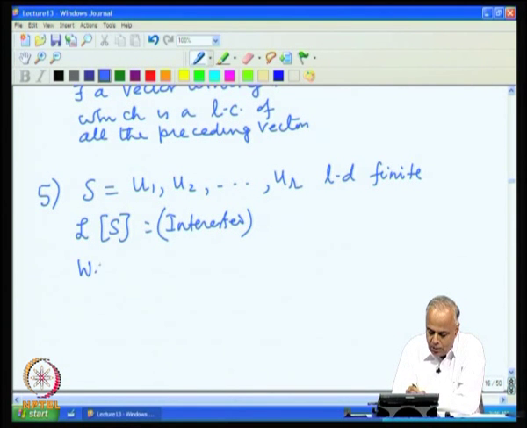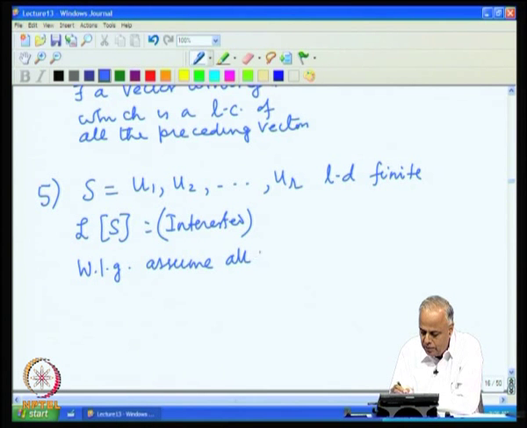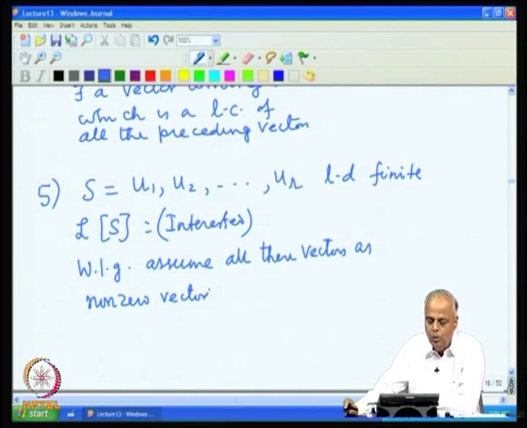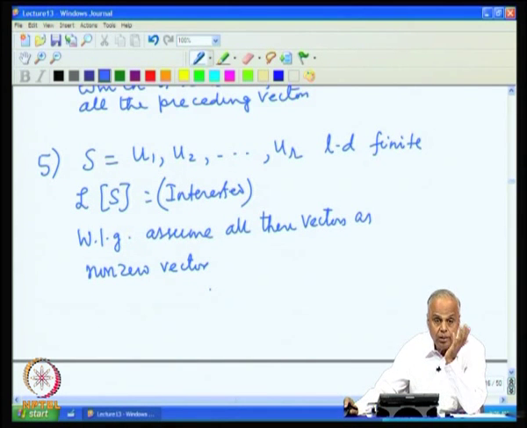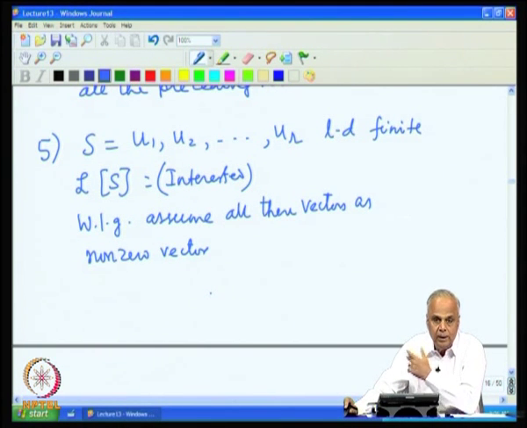So, without loss of generality, if there are any 0 vectors, we can throw them out. So, without loss of generality, assume all these vectors are non-zero vectors. So, we have a finite set of vectors u1, u2, ..., ur, they are non-zero and they are linearly dependent.